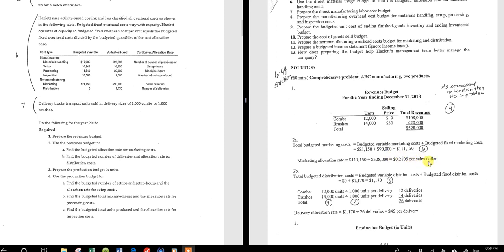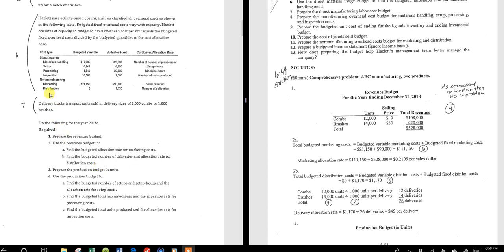Make sure you write that per sales dollar. Again, it says use the revenue budgets; I would have worded it as marketing costs are allocated per sales dollar. And then we're going to find the budgeted number of deliveries and the allocation rate for distribution costs.